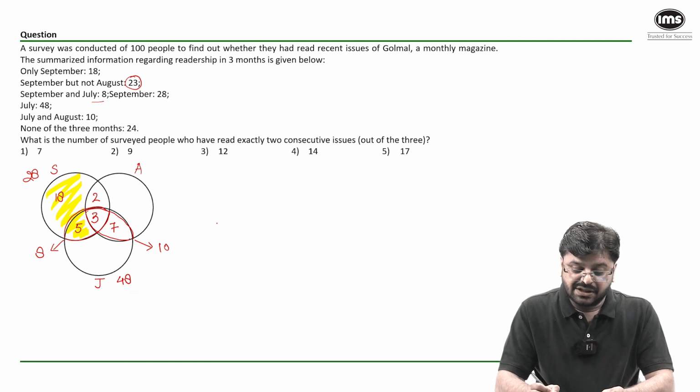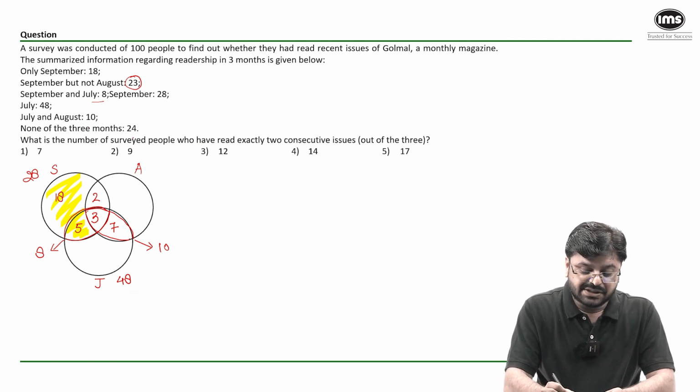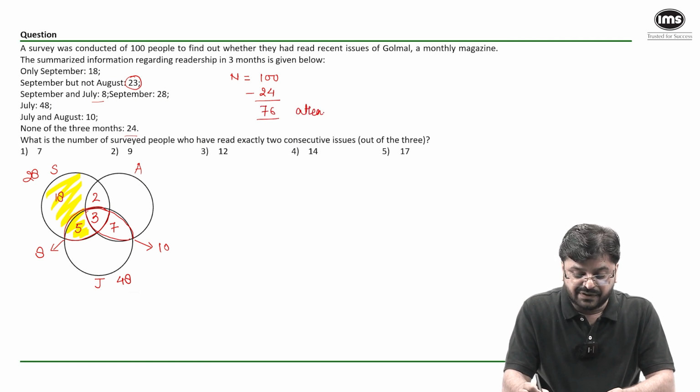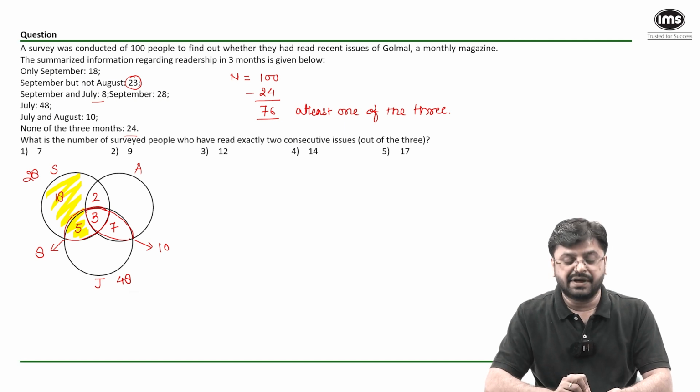Next, none of the 3 is 24. So they surveyed 100 people, of which 24 are not reading anyone. That means the remaining 76 are reading at least one of the 3. Okay.